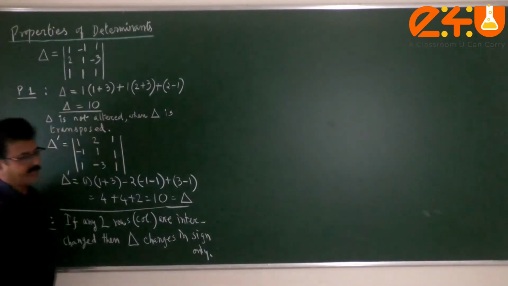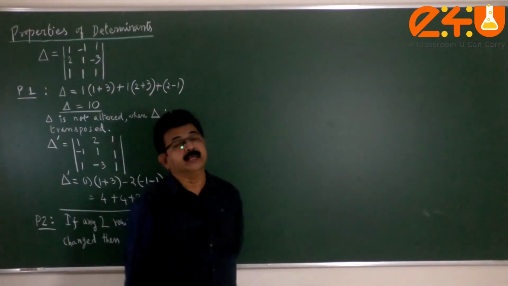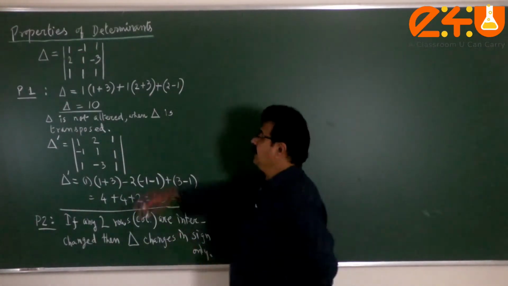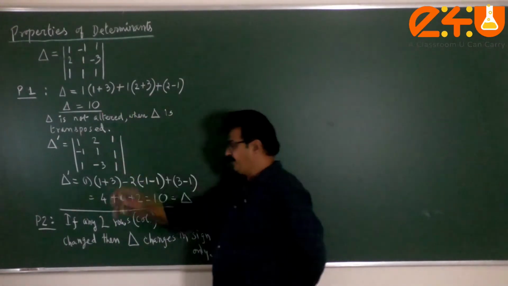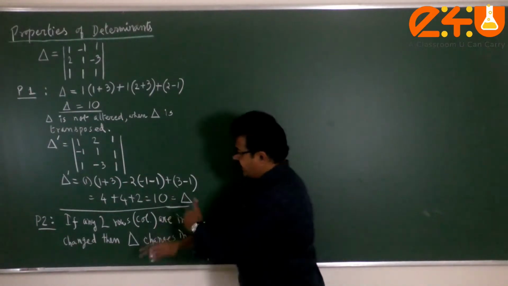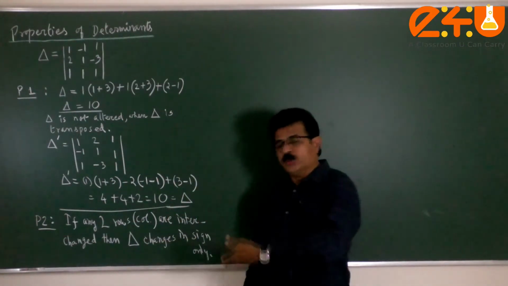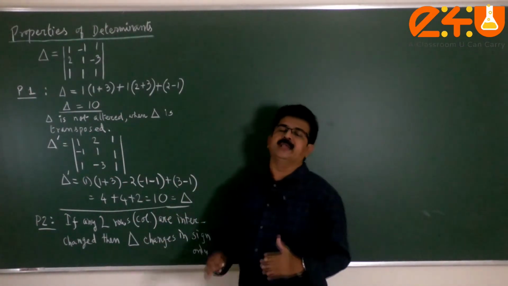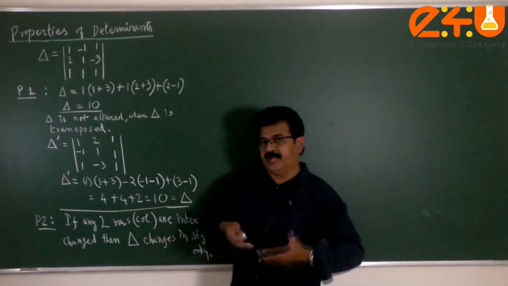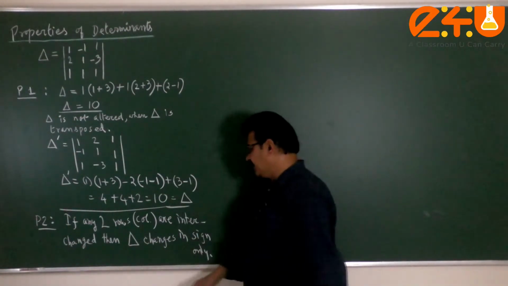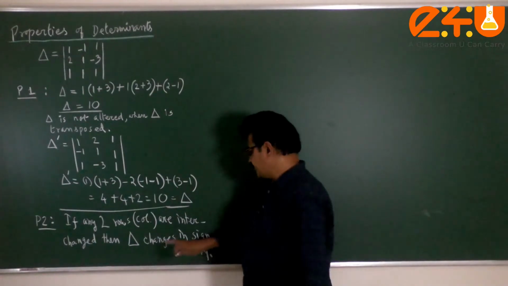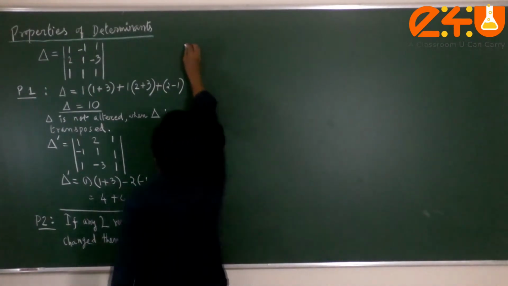Earlier the value we see it was 10. Now try interchanging any two rows or any two columns, you will find the value becoming negative 10. That's the property mentioned here. Delta changes in sign only.